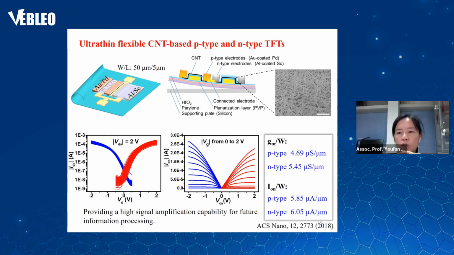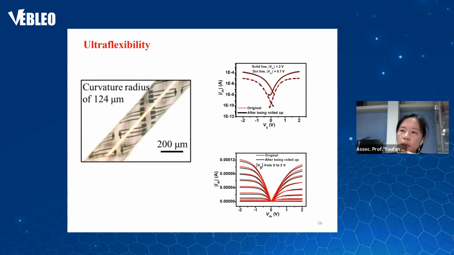And such a high transconductance means that a circuit constructed with this kind of device can provide high signal amplification capability. So it is very useful and very important. And also because the thickness of the system is less than 2 micrometers, the system is ultra flexible.